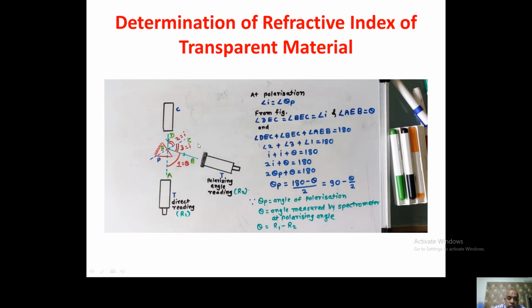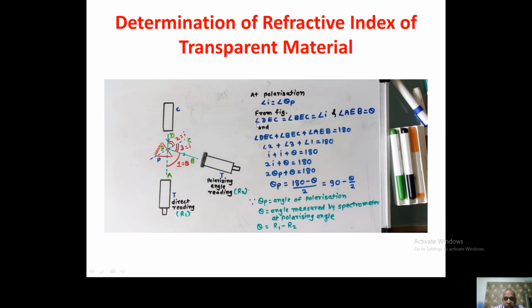And we want to find out the angle of incidence i equal to theta p by using Brewster's law. Theta p is the angle of incidence where unpolarized light is converted into polarized light. Now see here, this is angle 1 that is considered. At polarization, at this position, angle i is equal to theta p, that is the angle of polarization.